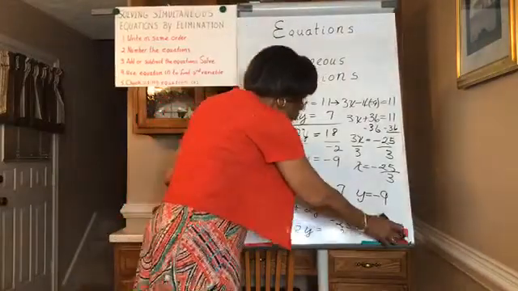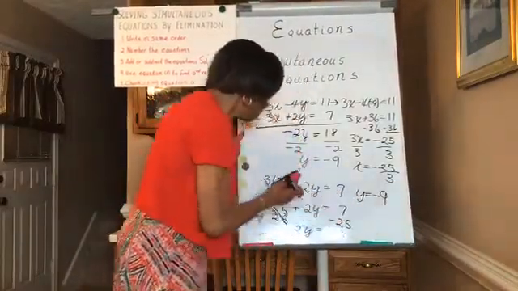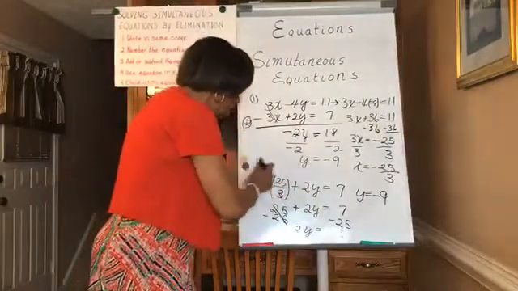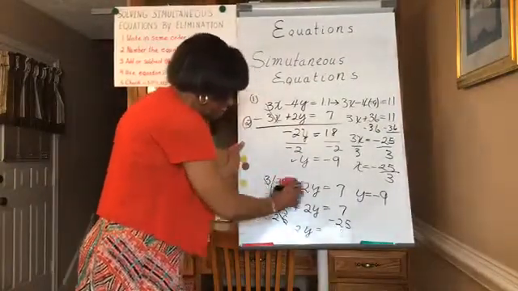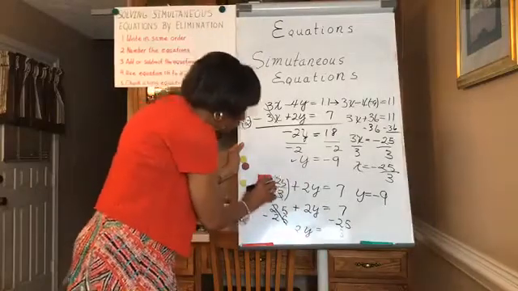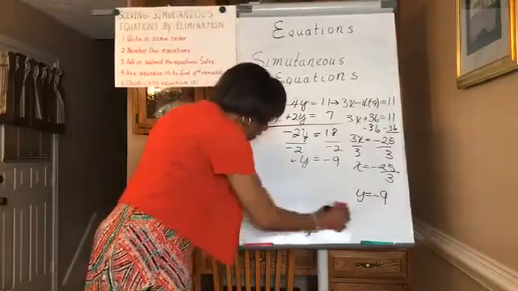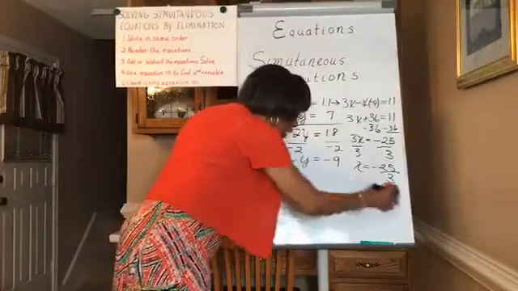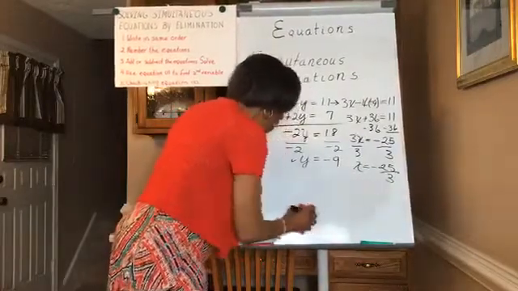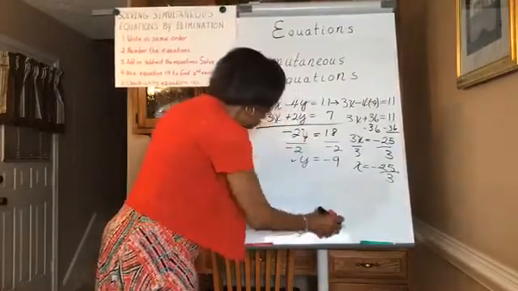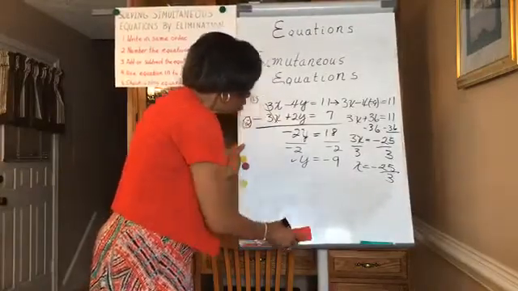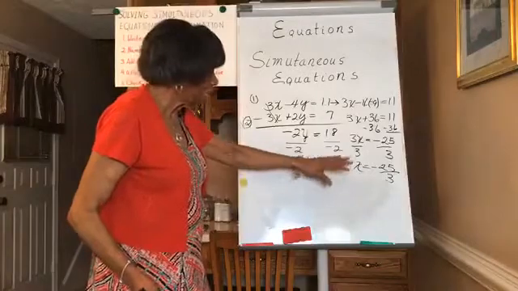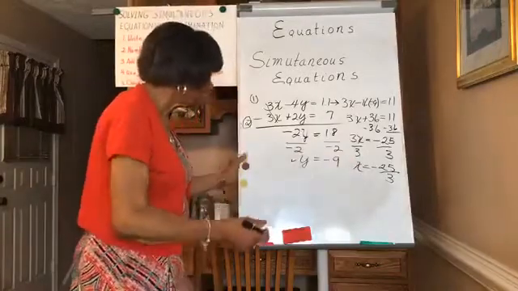I hope you didn't do what I just did. We already have y. So I needed to plug into what? I needed to solve for x. So y equals negative 9 and x equals negative 25 thirds.